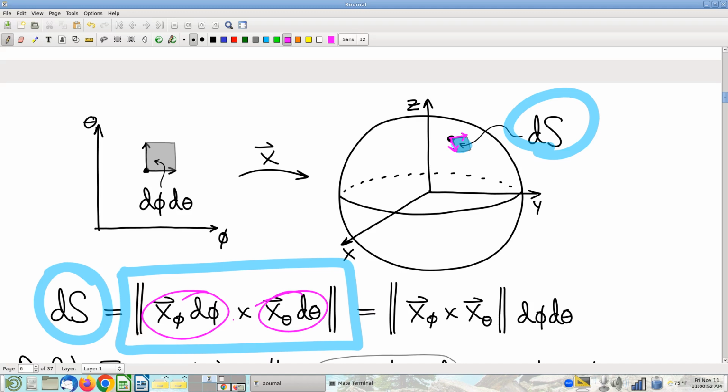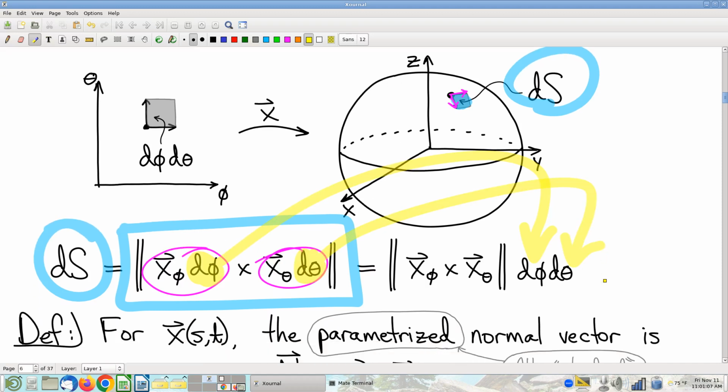Notice we can pull out scalar factors. So d phi pulls right out, d theta pulls right out, and lo and behold, we've got then that blue area as a multiple of that green area.